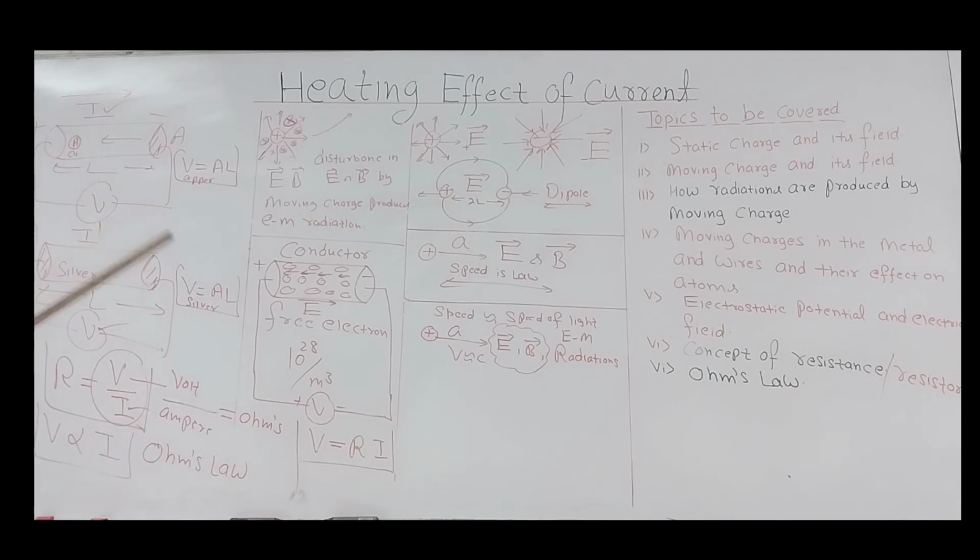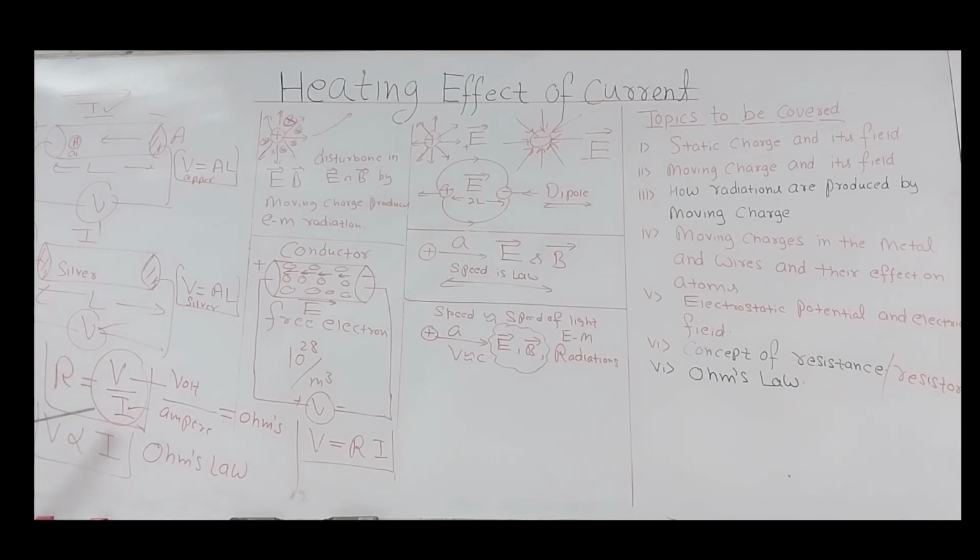The behavior of the electron is different: the inelastic collisions, the acceleration, everything is different. That's why the heating effect is also different. The heating effect of copper is different from that of silver or any other material. The collisions and the transfer of energy are different for different materials, so the resistance of different materials is different.